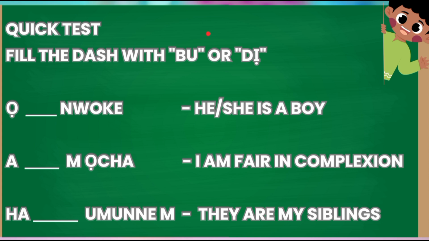Then if you used the for the second question, then you are correct. If you don't get it right, that means you need to watch the video again to understand it. Odi ocha is a temporal state. Ha bụ ụmụnne m.